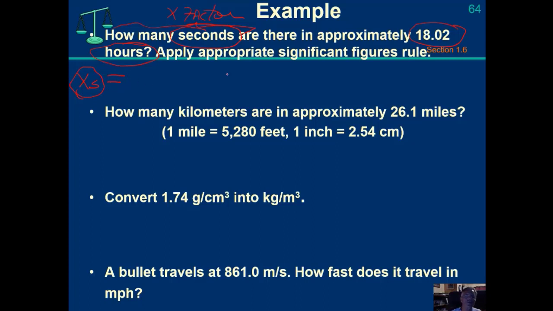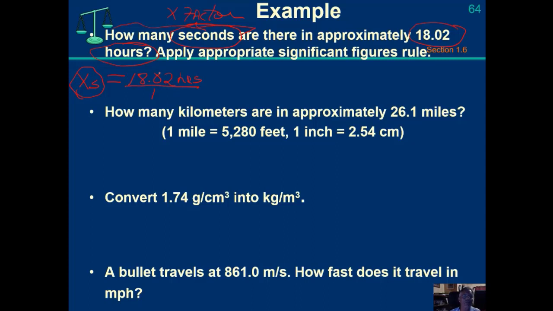What goes on the other side of the equal sign is the other principal value that you're given, and it's pretty simple. It's given to you as 18.02 hours. Now, here's the deal. I can express any value as a ratio if I put it over 1, even if there isn't another unit over here.